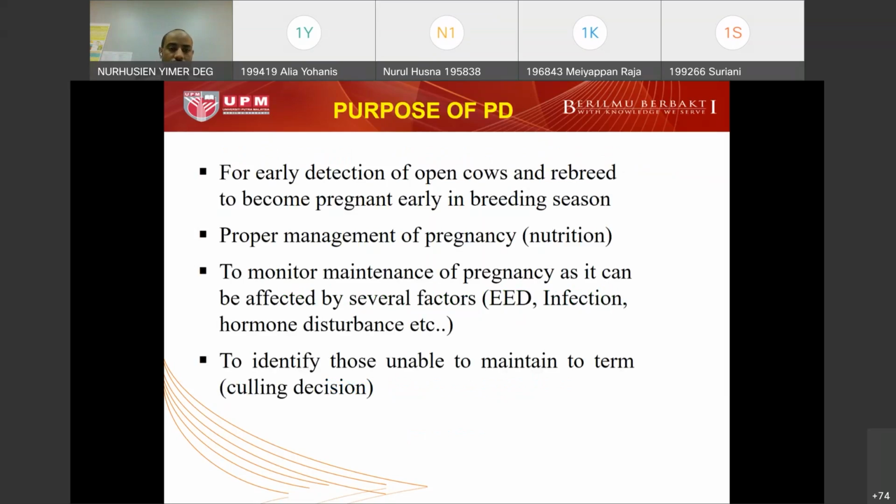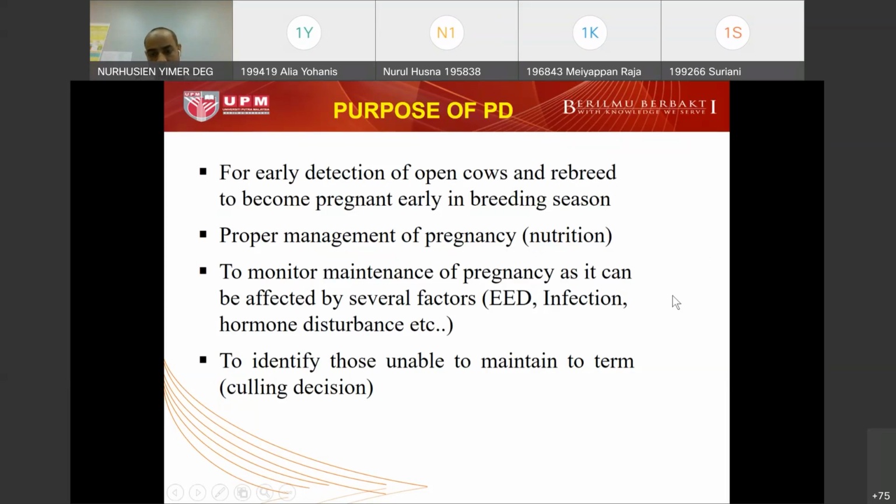So one of the things is for the purpose of detecting those animals which are not successful during the breeding program, so that they will be identified and they can be recruited back again early before it is late for another breeding program, right? So that's one of the main purpose.